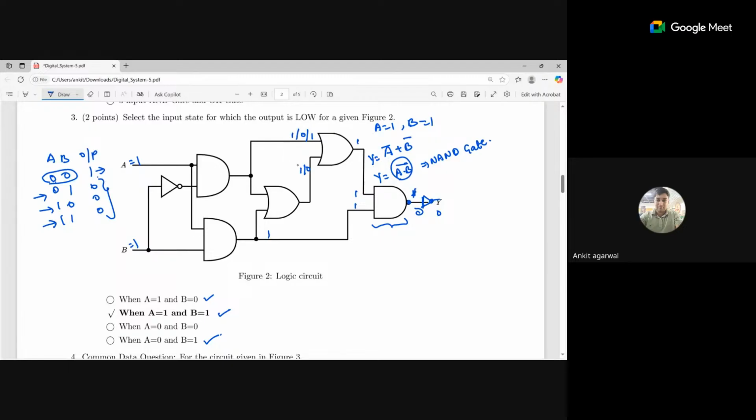Here we are already getting 1, so either we are getting 0 or 1. In both cases, the answer is always 1. So 0 is not possible here. Here we are getting either 0 or 1.